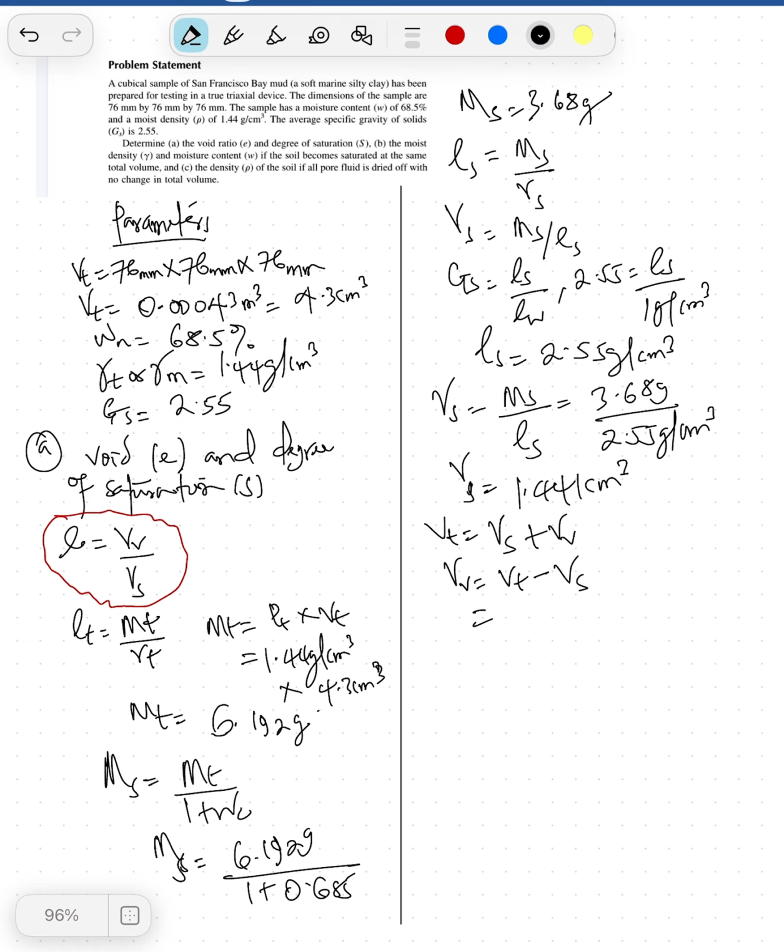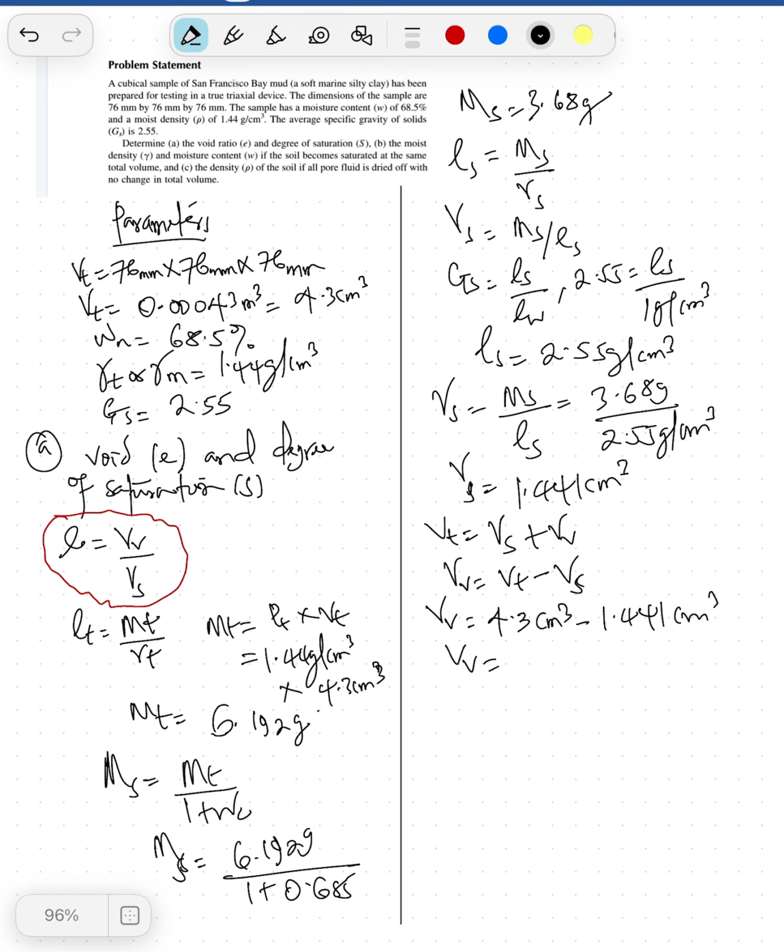We know total volume to be 0.00043 meter cube. So the volume of void equals the total volume, in cm cube, which is 4.3 cm cube, minus 1.441 cm cube.